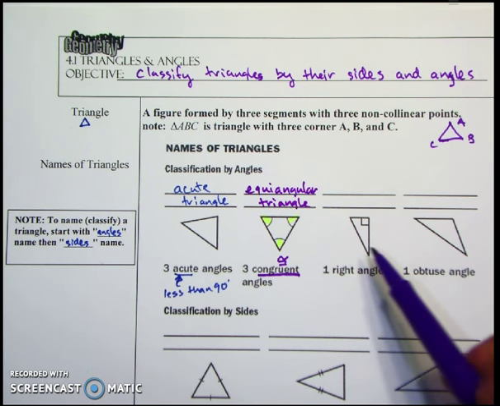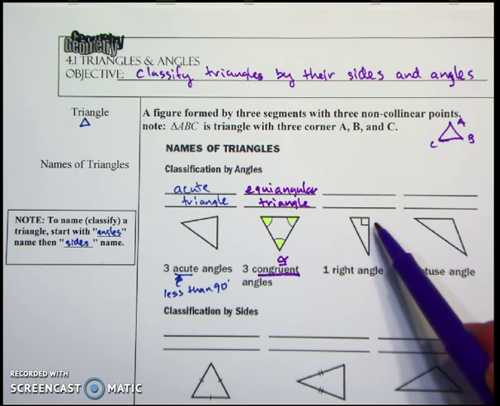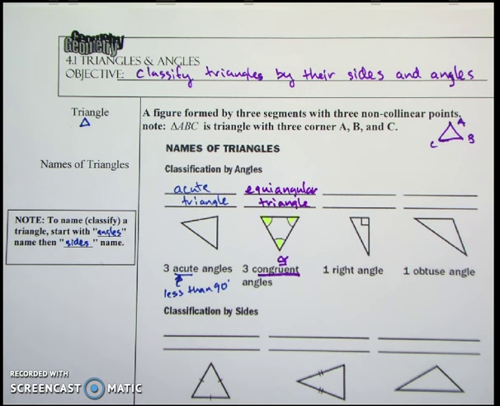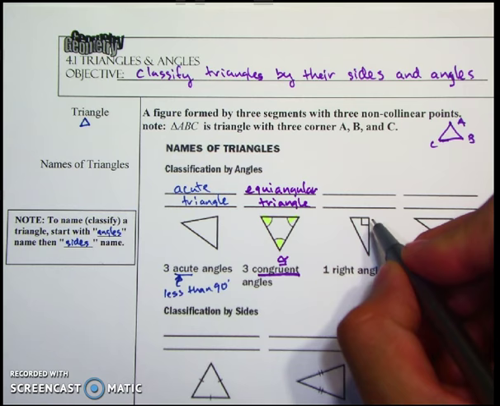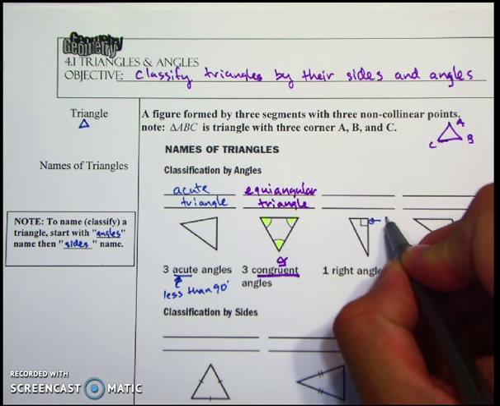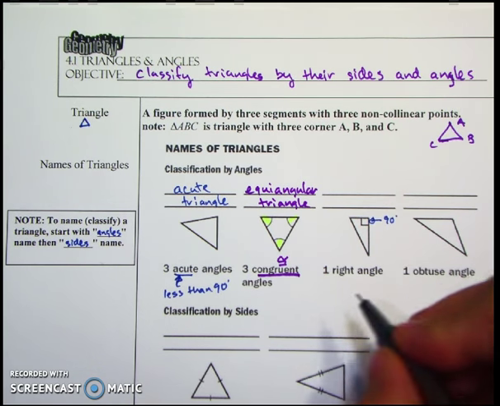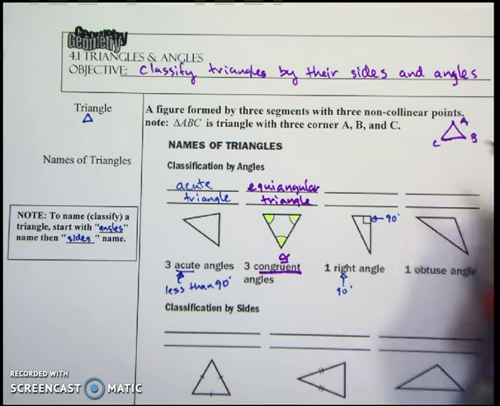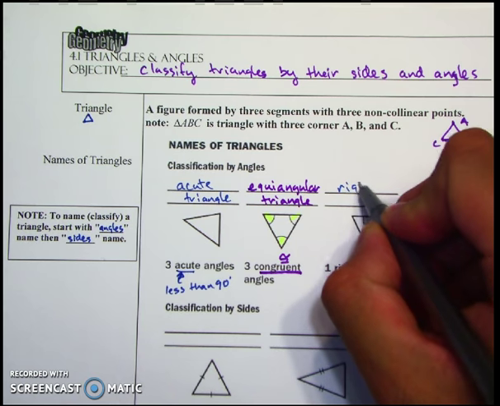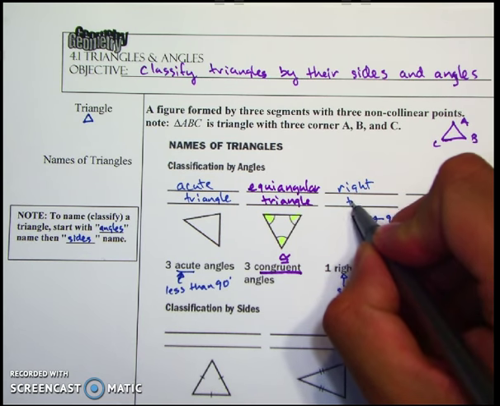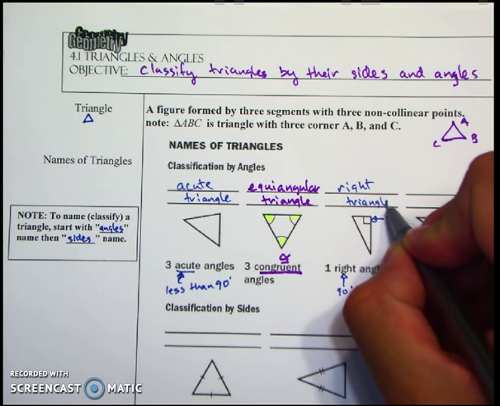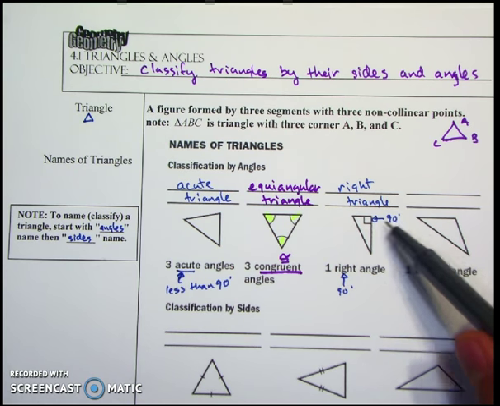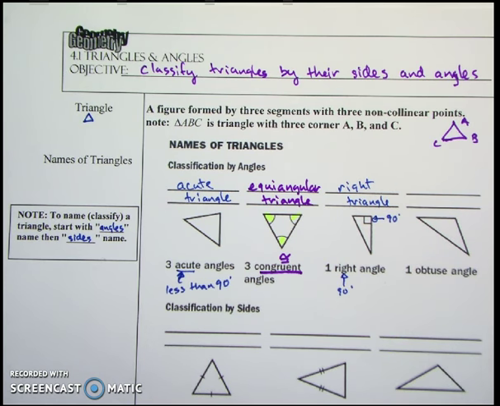Now, if you look at this one, notice that there's a little box here indicating the degrees. This one right here is a right angle, a 90 degree. So if it's a 90 degree, you simply call this a right triangle. As soon as you see it has 90 degrees, you call that a right triangle.